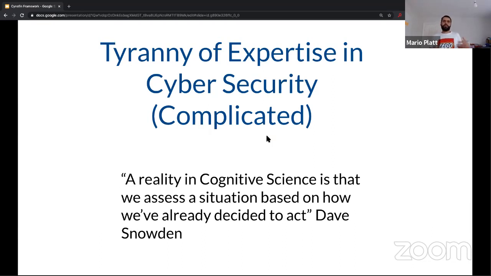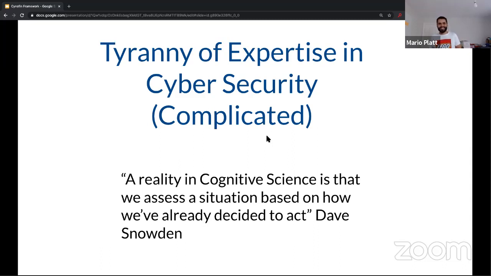We come up with our checklists, with our processes, with all of those things, trying to govern cybersecurity when really we should be trying to first understand the type of problem we're dealing with and finding the right solution for it.